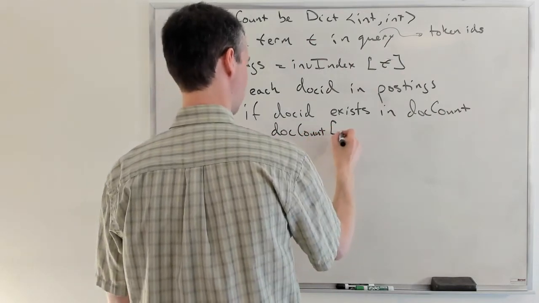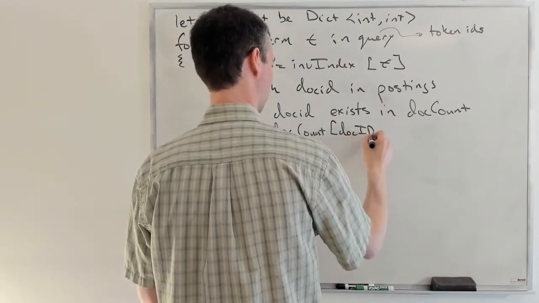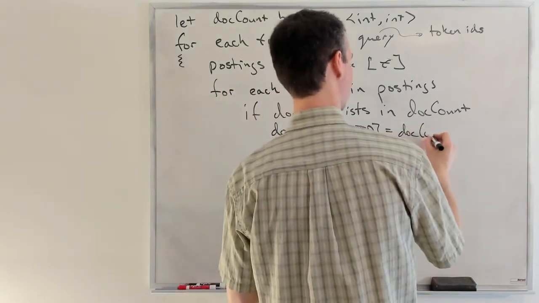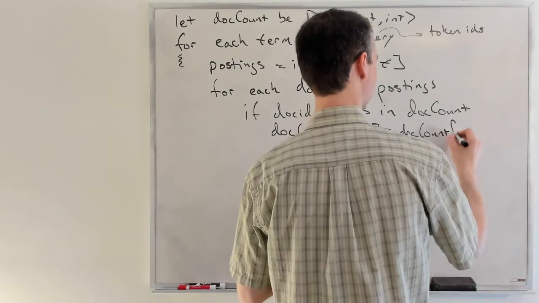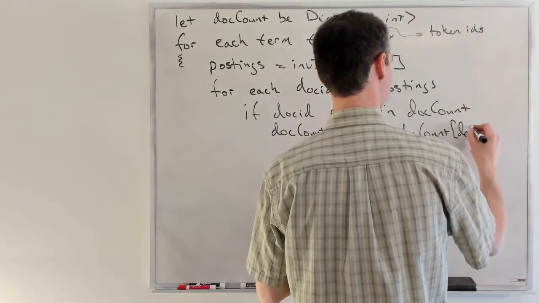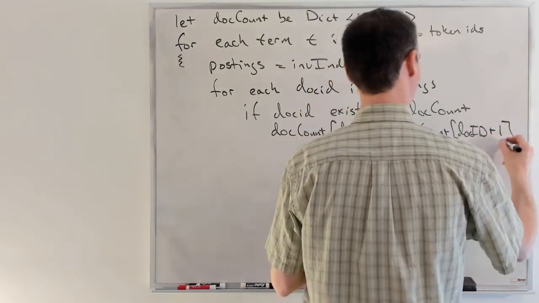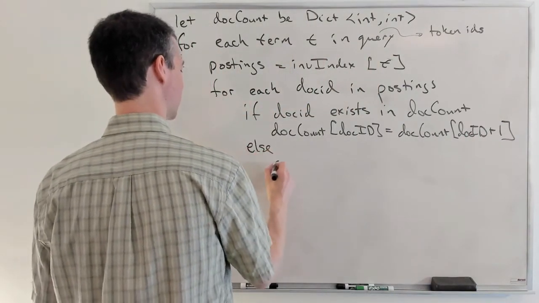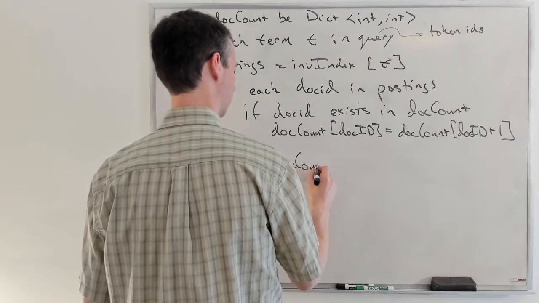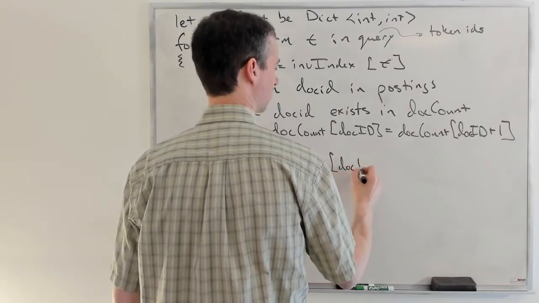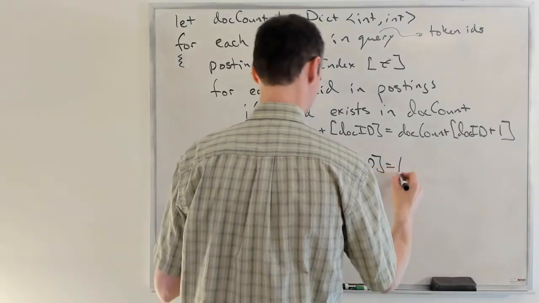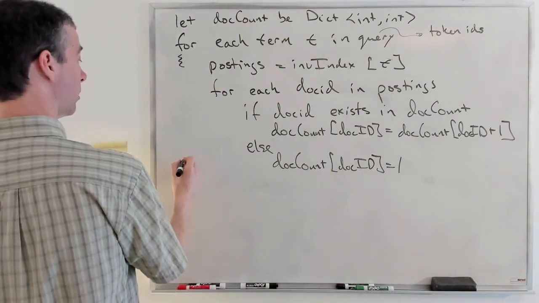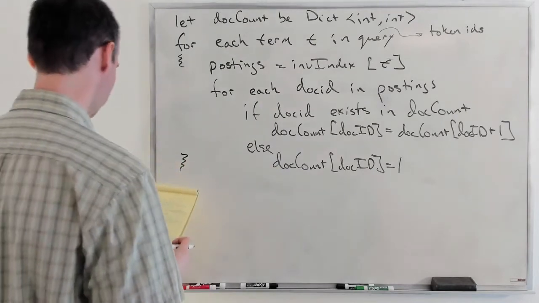It's the same idiom or pattern. We're just going to increment the count if it's already there. Otherwise, we set its count to 1. All right. Then we end that loop over the terms.